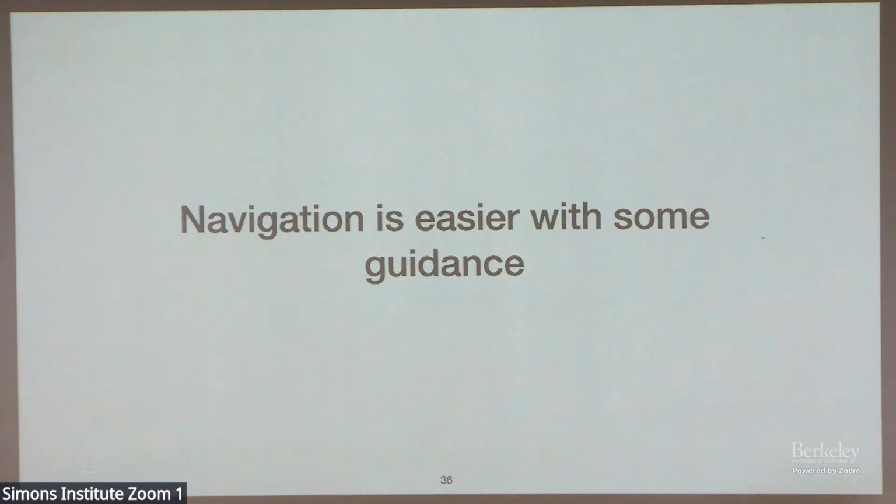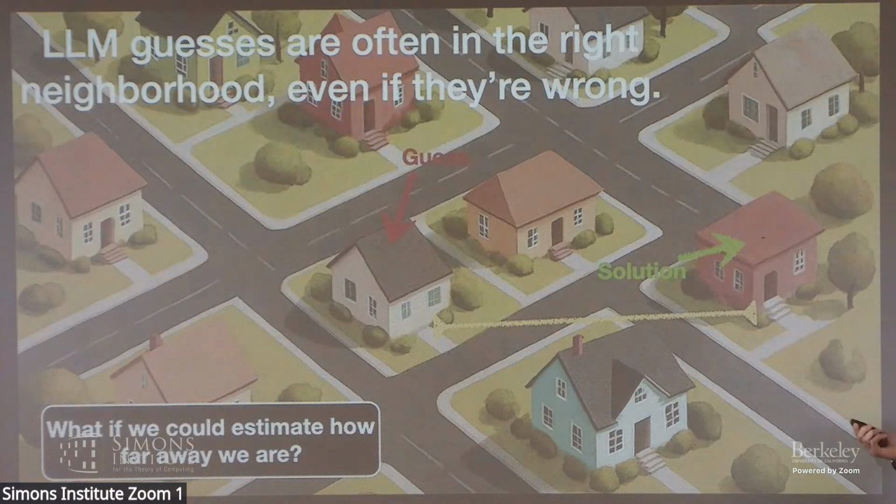Navigation is easier if you have some guidance. I had a tenuous analogy here about being able to go up in a hot air balloon occasionally and survey the streets and come up with an estimate of how far away you are. What I want to say is this would be easier if we could estimate how far away we were. And then as we took actions, we could look, are we actually getting closer?